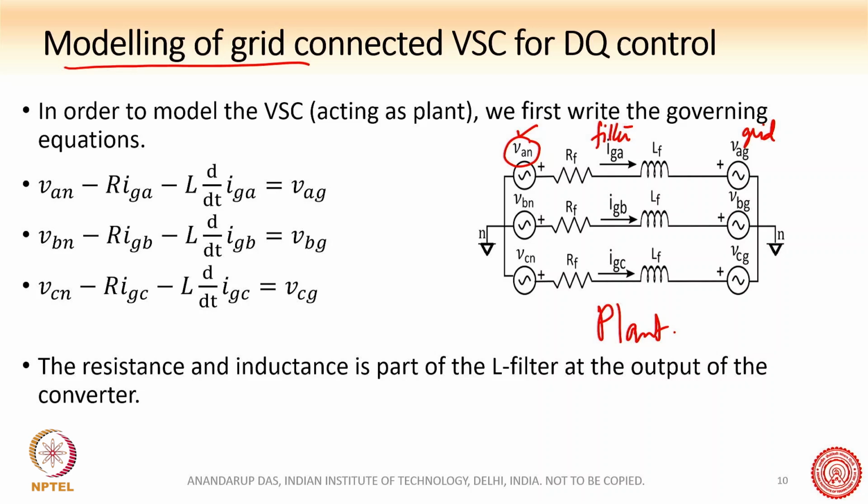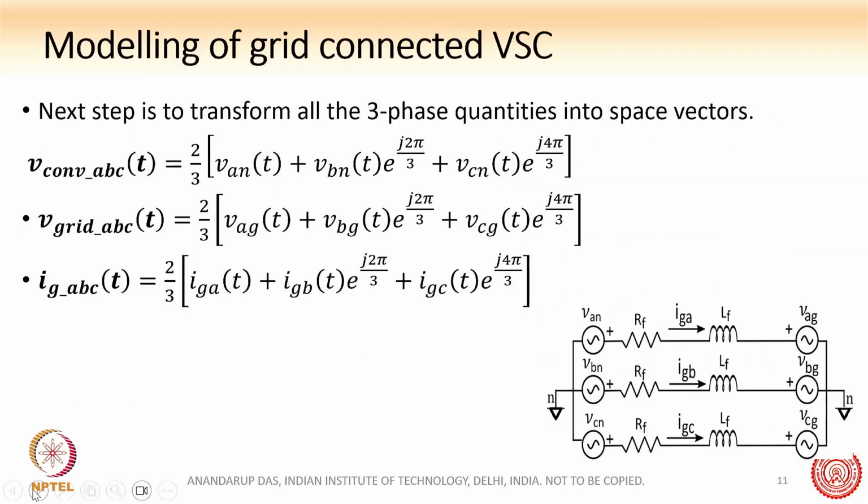So we will first write the differential equation. As you can see, this is the straightforward differential equation for the converter. The next step is to transform all these three phase quantities into space vectors. Why space vectors?